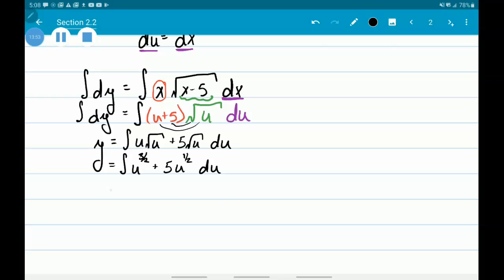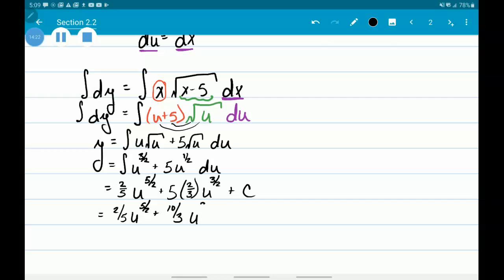And now we can just use that power rule to integrate. We're going to add 1 to the exponent, divide by the new exponent, which is the same as multiplying by the reciprocal. And then we're going to have a plus c on the end. So we have 2/5 u to the 5/2 plus 10/3 u to the 3/2 plus c.